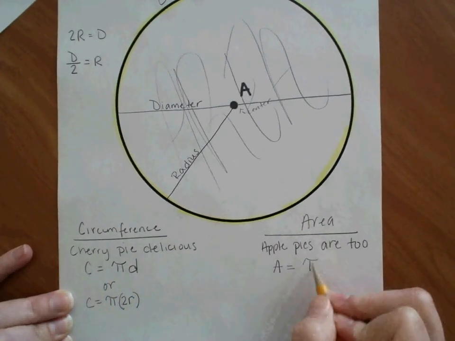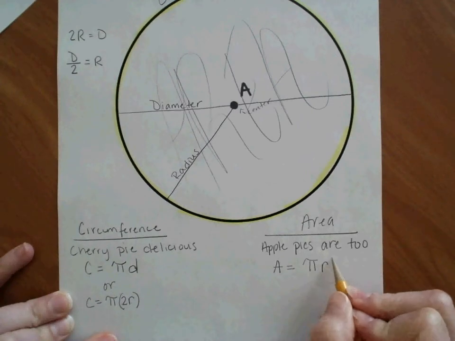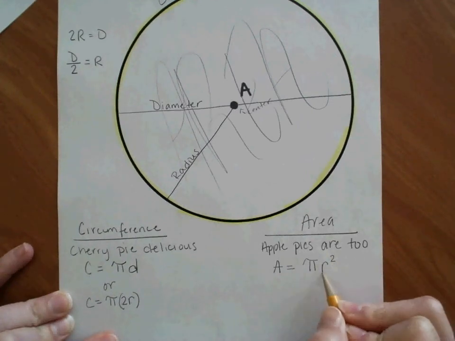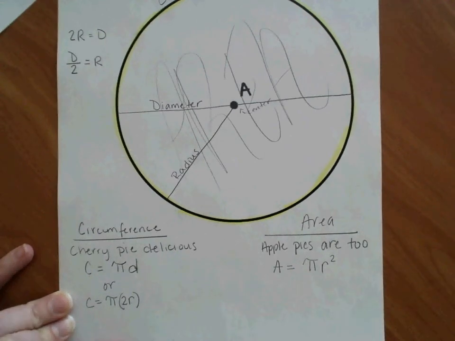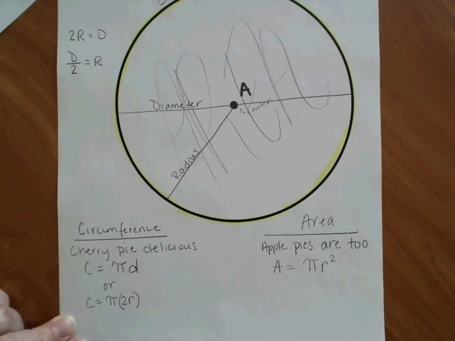Area equals pi times my radius squared. So area, A, apple, pies, pi, R, 2. I'm squaring my radius and then timesing it by pi.